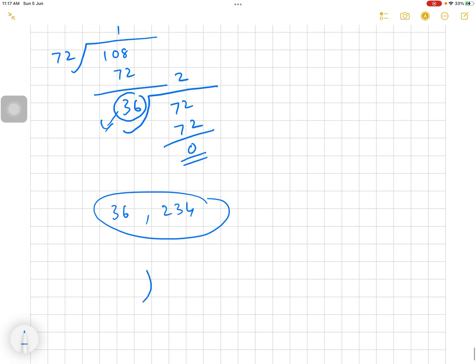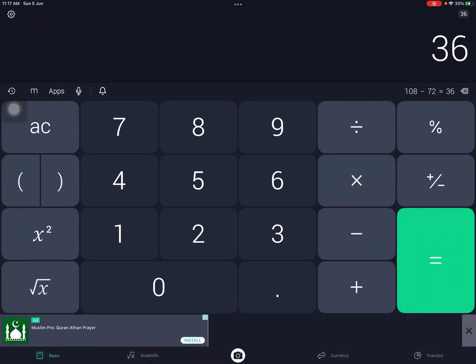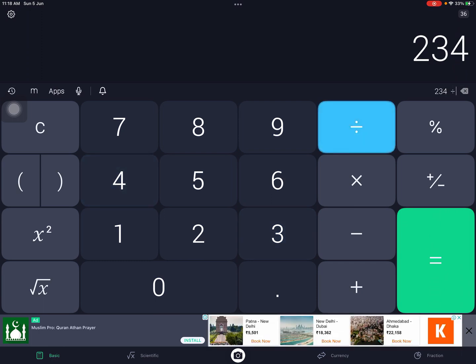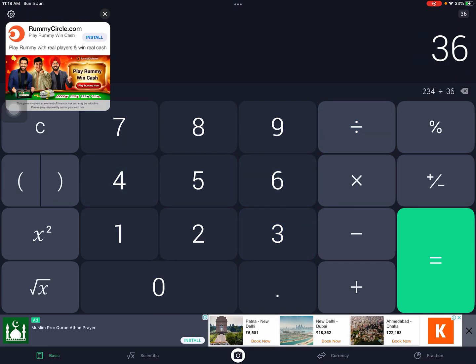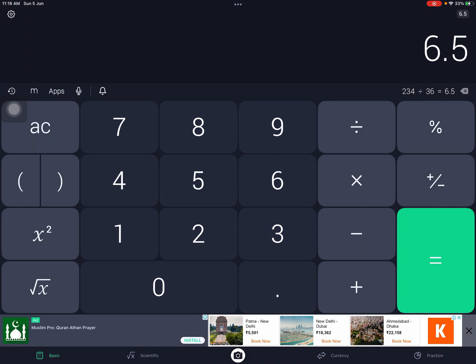Can you divide this? Let's see. 234 divided by 36 comes to 6.5.